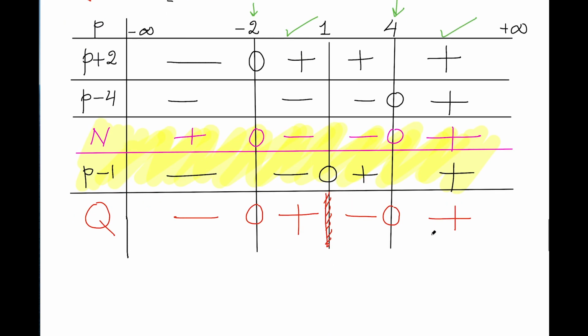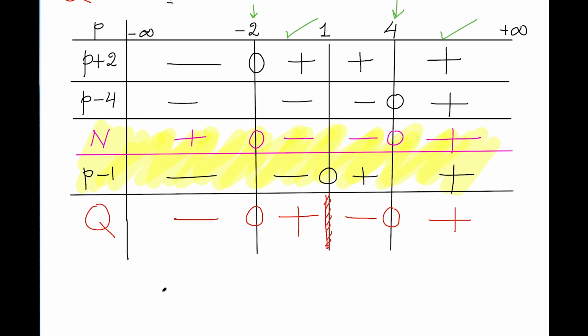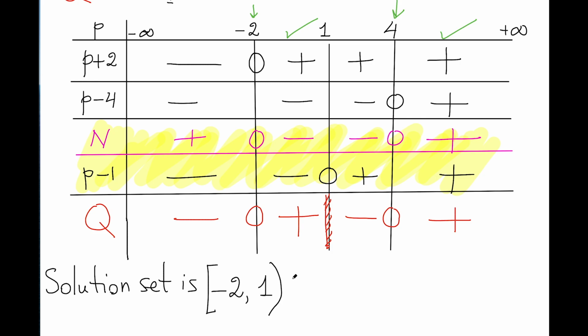How would we write this? So the solution set is given by the following. As we said, minus 2 is a good point, all the way to 1, open, adjoining these to all numbers that are from 4 onward.